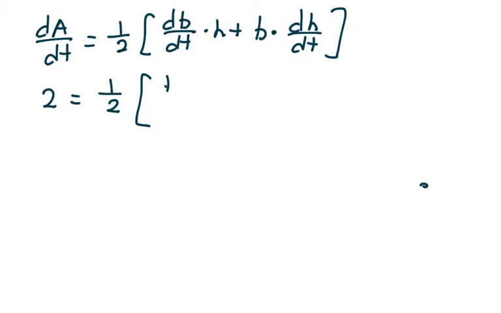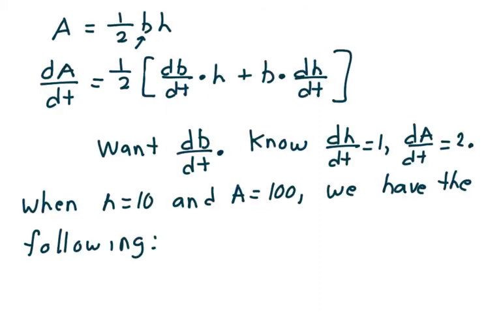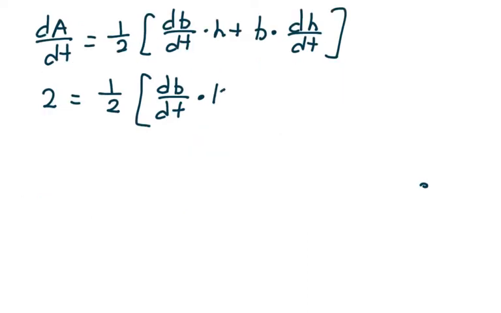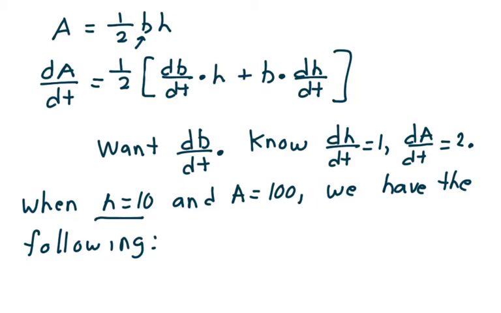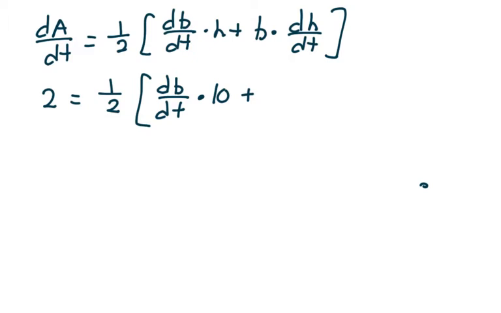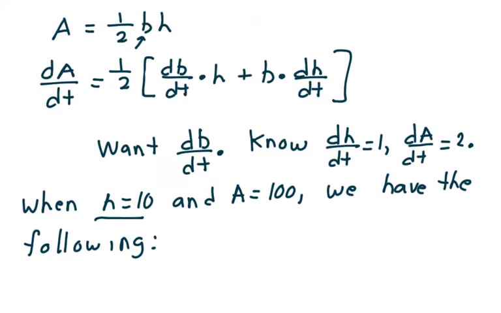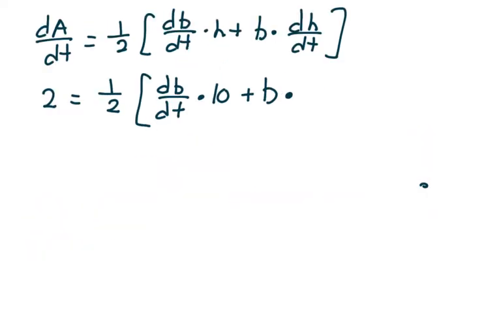So we don't know that. So I'm just going to write that down. Now h is 10. Let's write 10. B, interestingly, we don't know b, but I'm going to explain how we get that. So we're just going to write a b here for the moment. And then dH dt is 1. So b times 1.